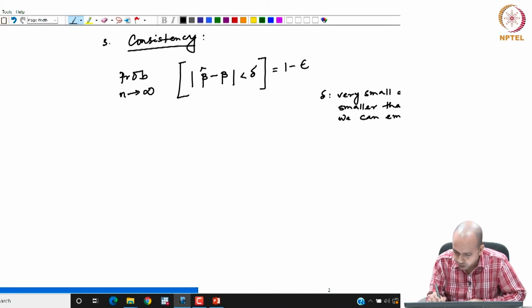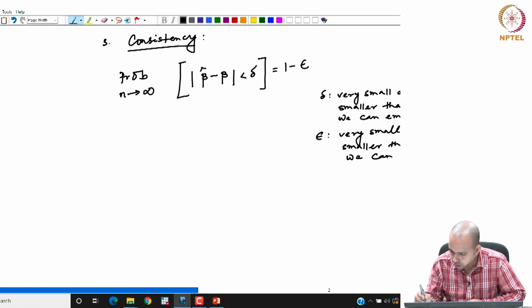Similarly, epsilon is also very small and smaller than what we can imagine.